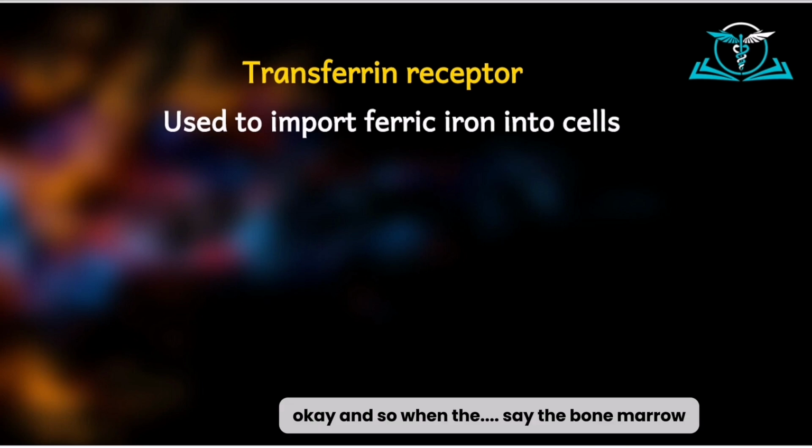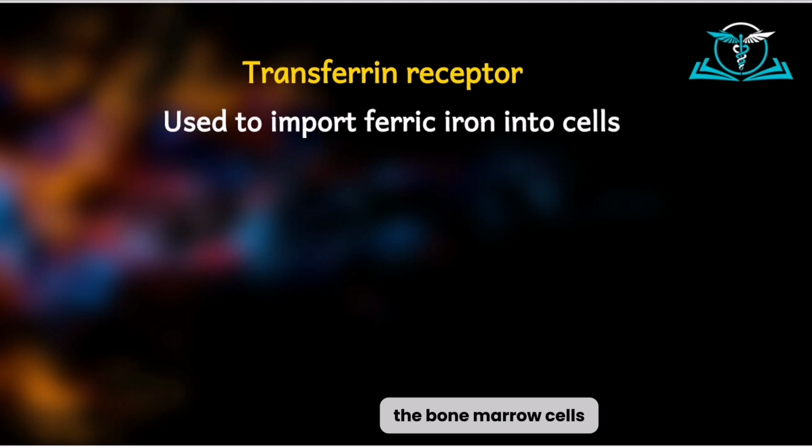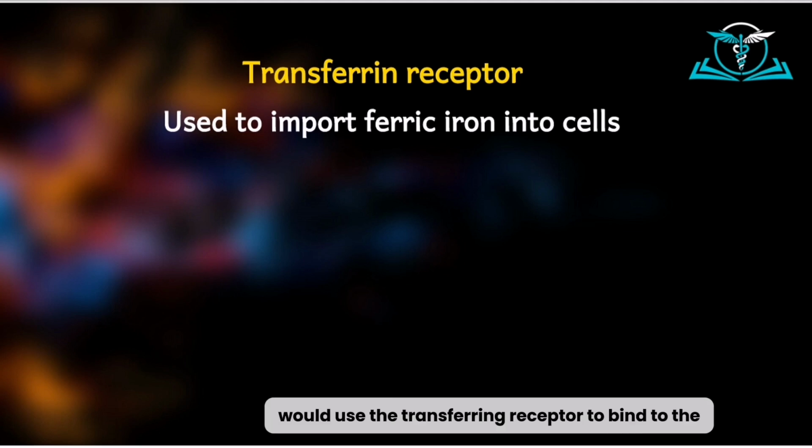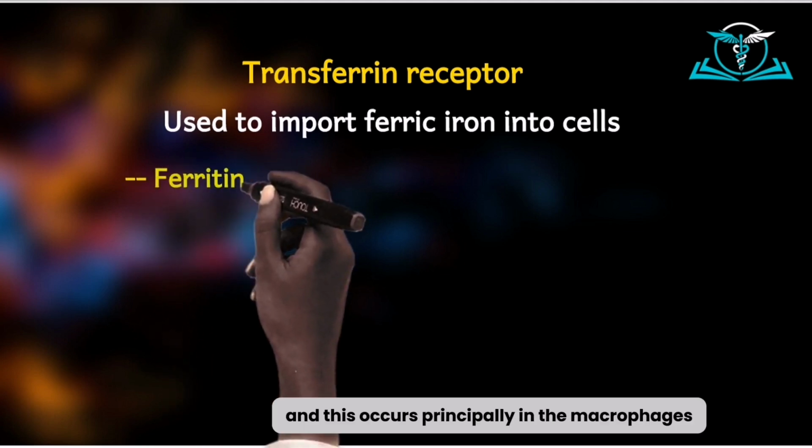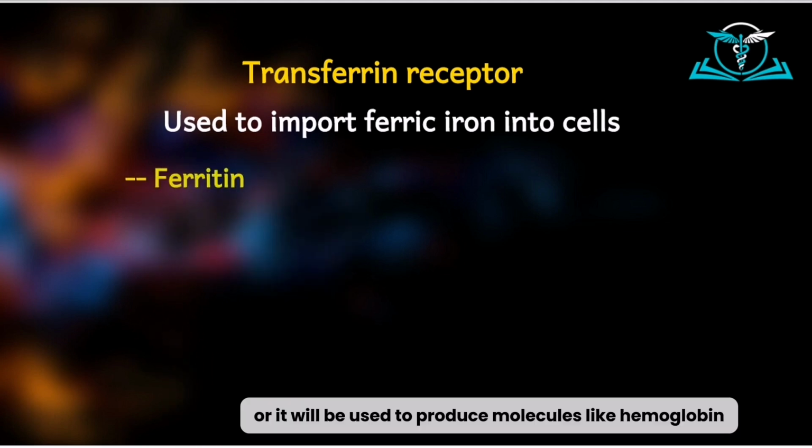When the transferrin brings the iron from circulation, the bone marrow cells would use the transferrin receptor to bind to the iron and internalize it, and either store it as ferritin if it will not be used, and this occurs principally in the macrophages, or it will be used to produce molecules like hemoglobin.